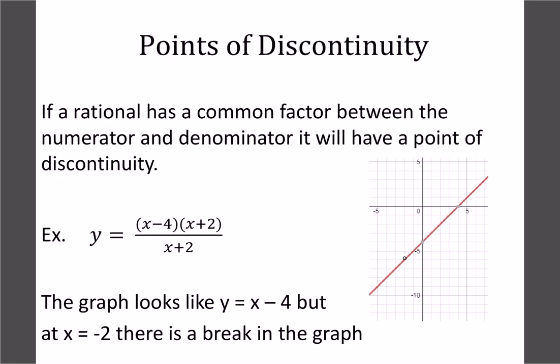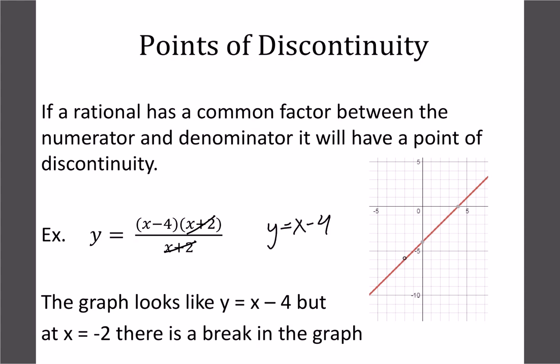But what is different now is when we have points of discontinuity. A discontinuous point will occur when the top and bottom, or the bottom non-permissible value, can actually be canceled out. If we look at this example, we have x plus 2 on the top and bottom, so we could cancel those out. Our graph would simplify to just y equals x minus 4.